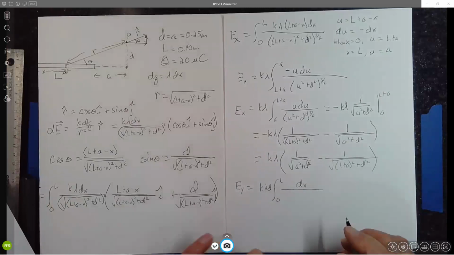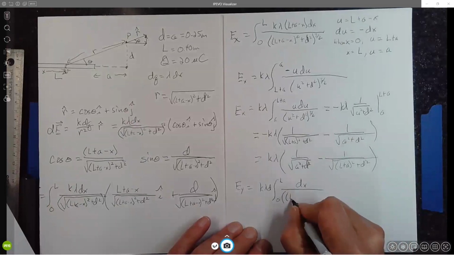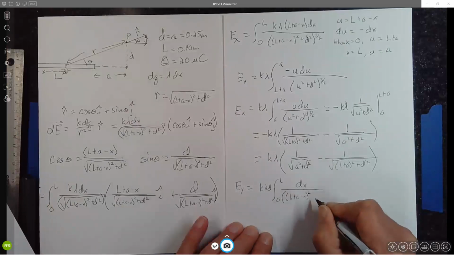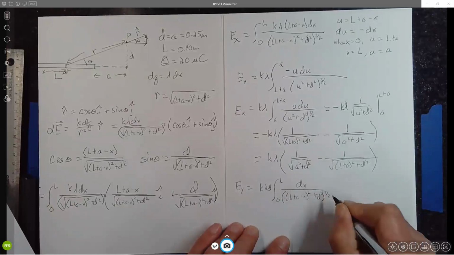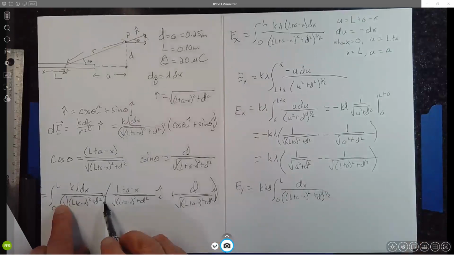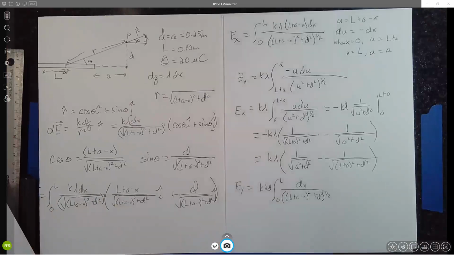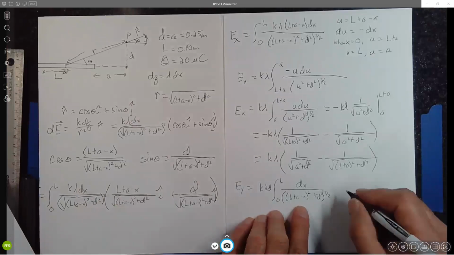And in the bottom, I will have L plus a minus x quantity squared plus d squared to the 3/2. Okay, because I've got the square root squared here, or the square root to the 2/2, and here's the square root to the 1/2, so I have the 3/2 again. Well, same u substitution, I think.